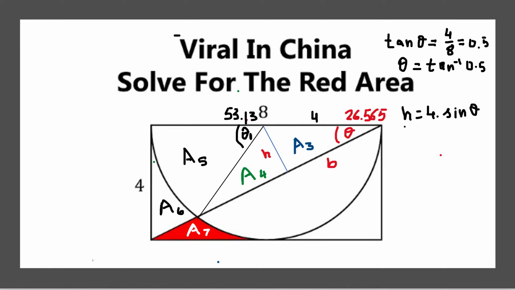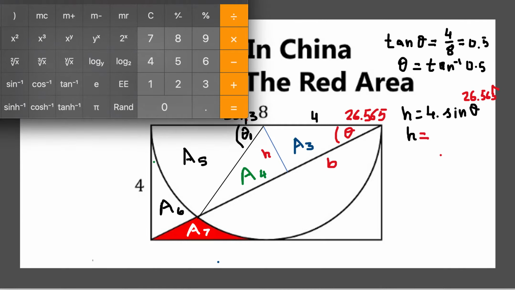And now h is going to be equal, let me write with the red color here, maybe it's much easier. And theta is 26.565. We already have this value, I can just put it in the calculator and divide by 2, and take the sine.